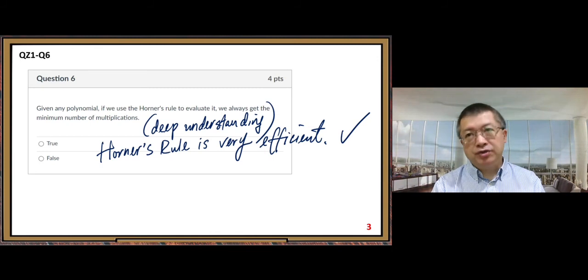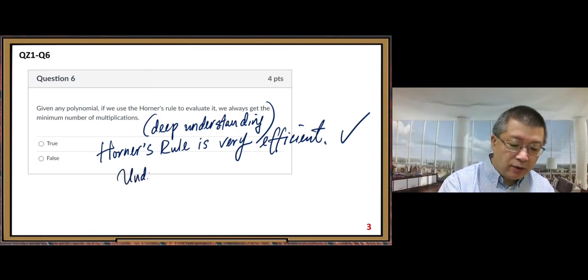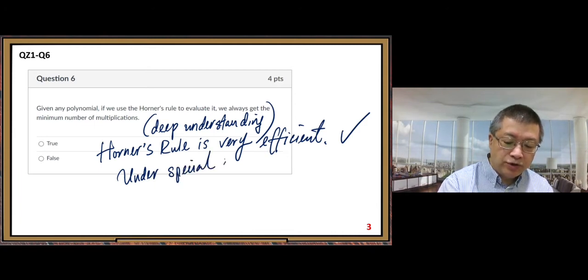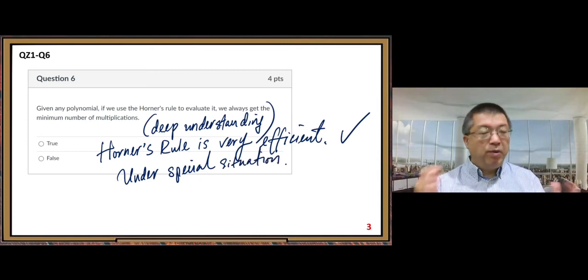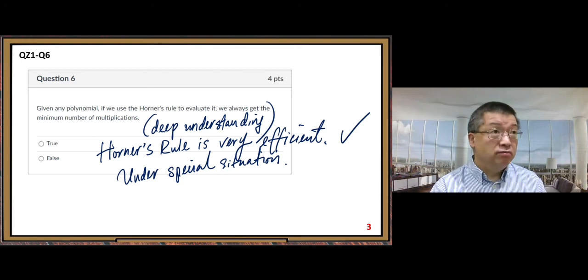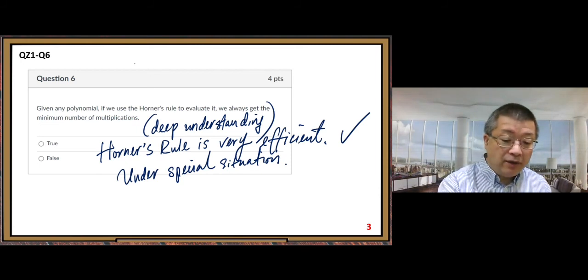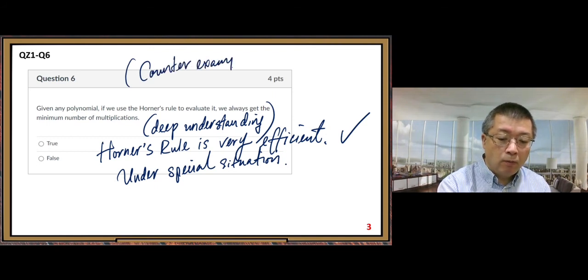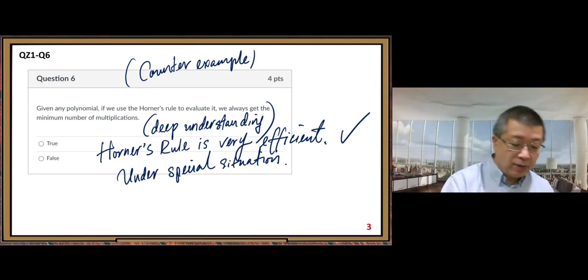Nothing can beat Horner's rule, even under a special situation. But I give you a counter example. That is wrong. So remember, I give you a counter example. Let me tell you my counter example.